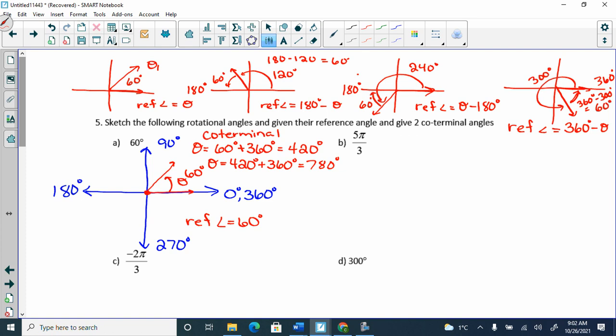Because you'd start on this arm, and I'd rotate 360, and I'd end up at 420, and then I'd rotate another 360, and I'd end up at 780, but ultimately I'd still end on that arm. Correct? When you draw it, do you just draw it, or do you have to make this spiral? You'd have to make this spiral if you actually drew 420. So if you went to draw 420 degrees, I would start here. I would go around a whole 360, and then I would end here. 720, you just go around again and then end there.